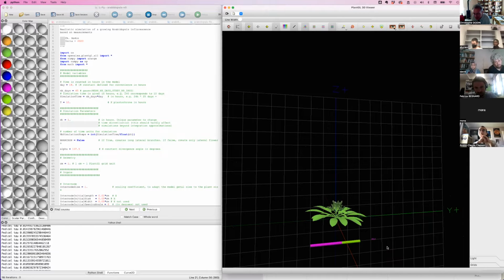So here the flowers are getting out, the petals are getting out of the sepals too rapidly. It's not yet right, as Fabrice was pointing out, and you will see that the different elements will bend as the internodes are elongating in the young flower buds.